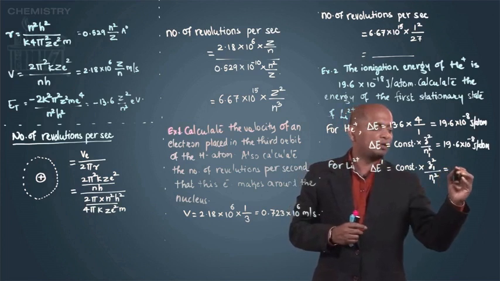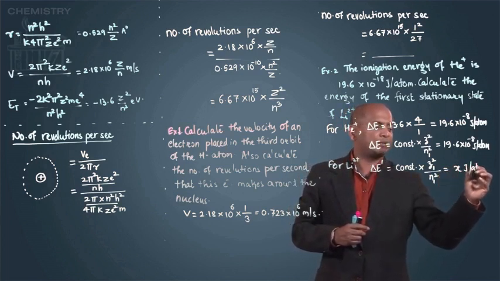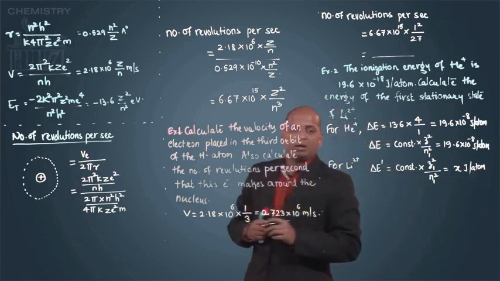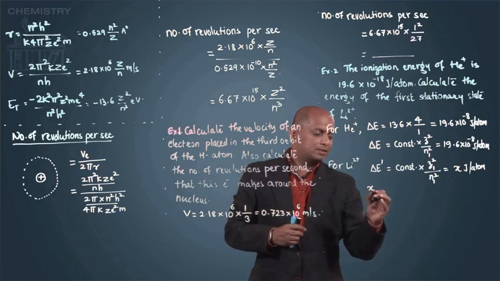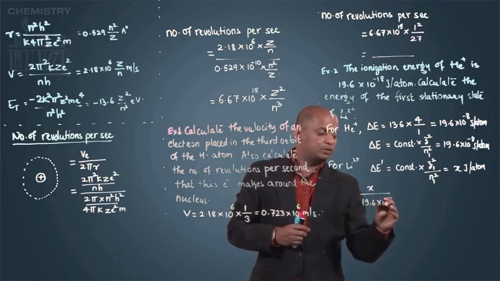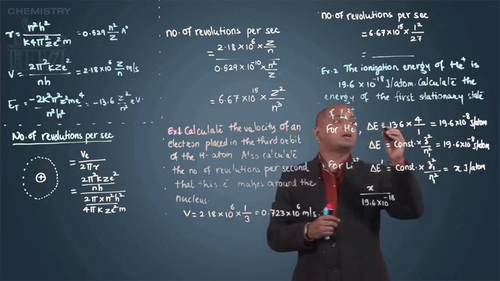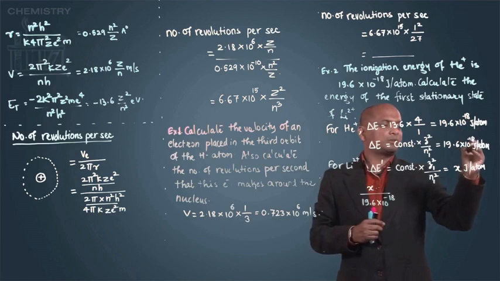That is equal to what? That we have to calculate. Let us consider that is x joule per atom. Okay, take the ratio. So x divided by 19.6 into 10 raised to minus 18.